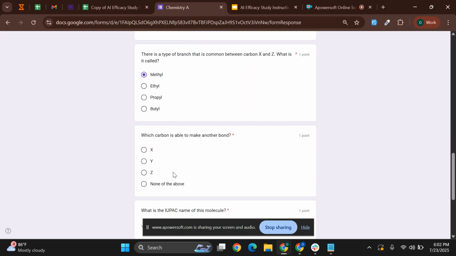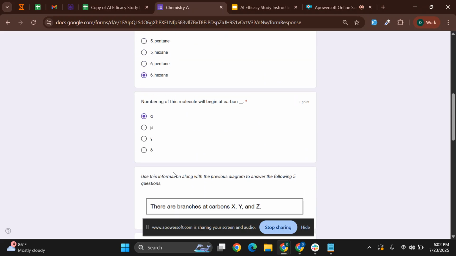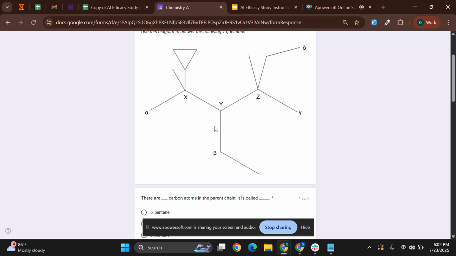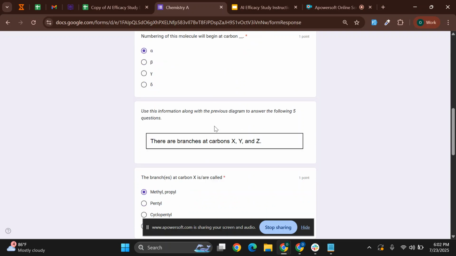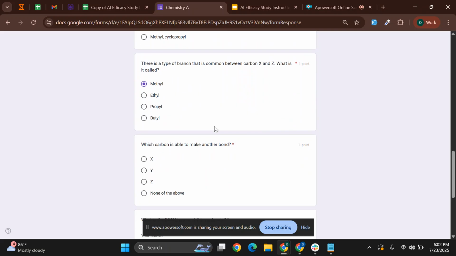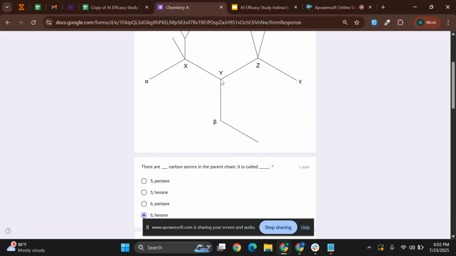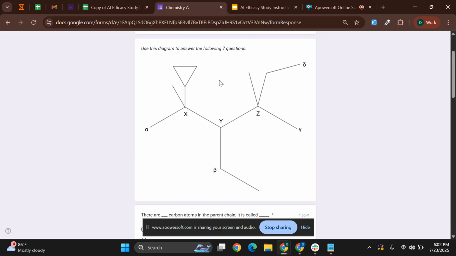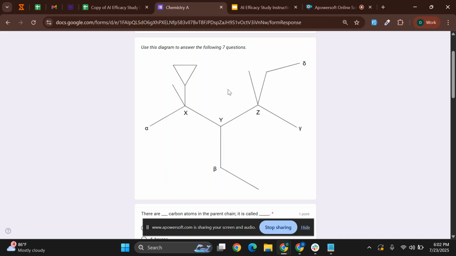Which carbon is able to make another bond? Able to make another bond. So X, Z. We have options X, Y, Z. Y can make another bond by having it.